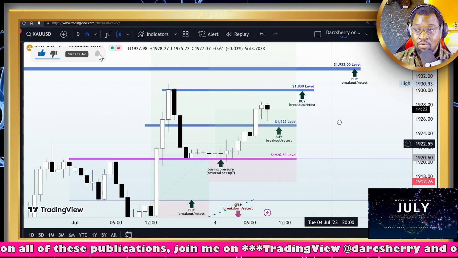Now on the USD JPY, things have been very, very interesting since the beginning of the week. Price has been very, very choppy actually. And I am of the opinion that market participants are very wary of the possibility of the Bank of Japan's intervention in this market.